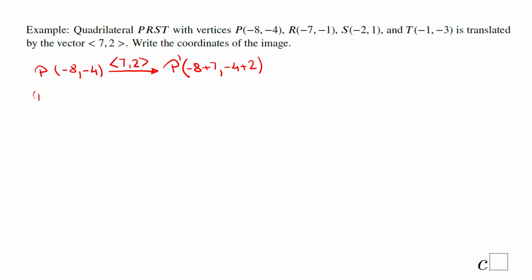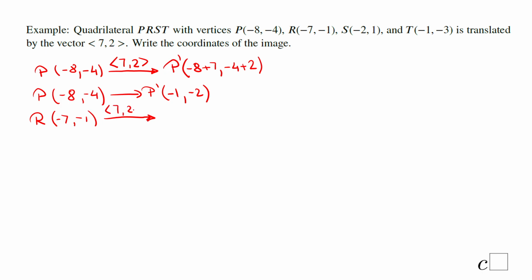which means this P becomes what? P prime, which is -8 plus 7, -1, and -4 plus 2 is -2. That's it for P prime. Very similar, we're gonna do R. If you notice, R is -7, -1. Again, I'm gonna use that vector, which is 7 and 2.